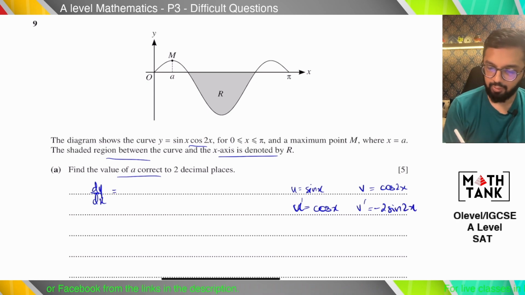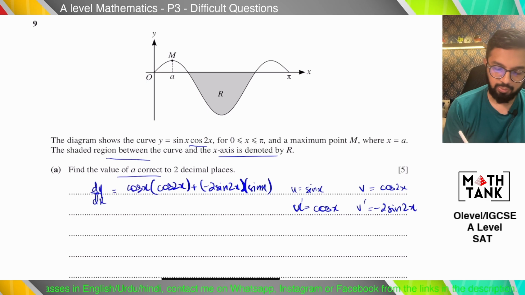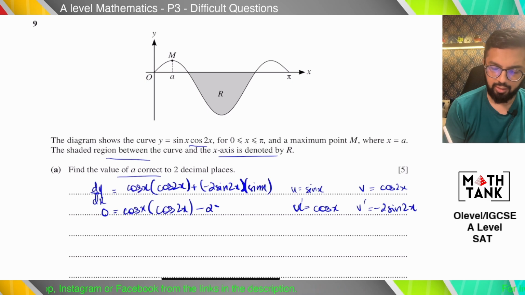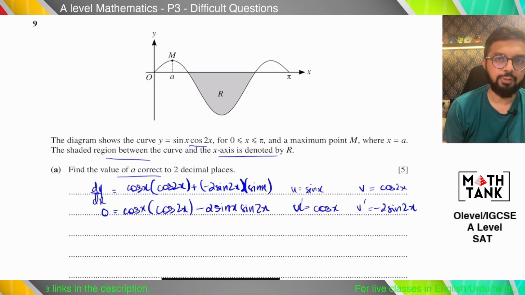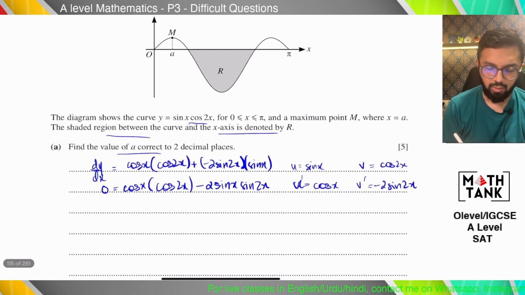So u'v plus v'u should equal 0: cos x cos 2x. Now I have multiple options. I could change this entire identity to cos or sin, whichever one fits better. Or I could do this and change this to tan instead.